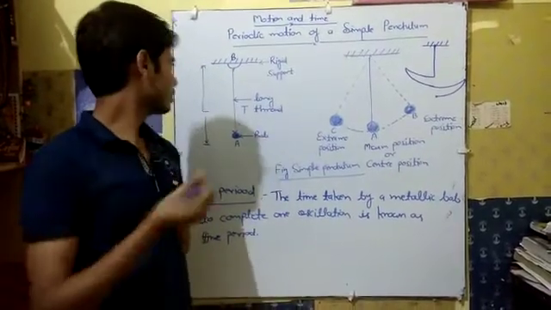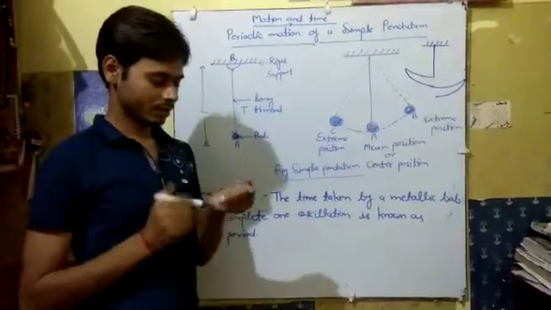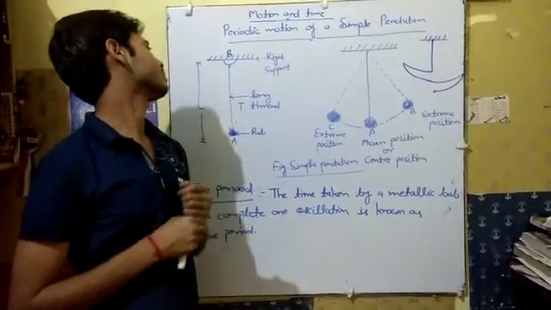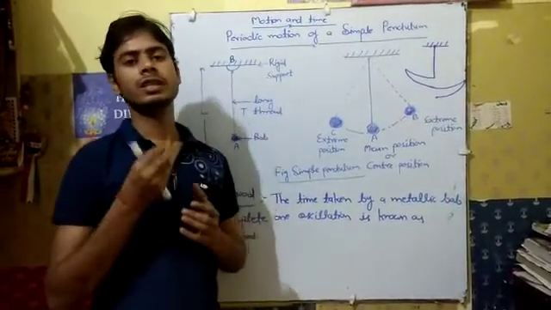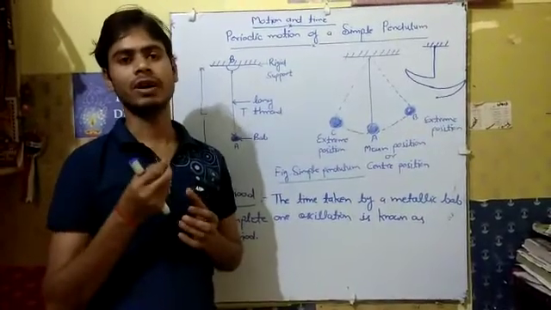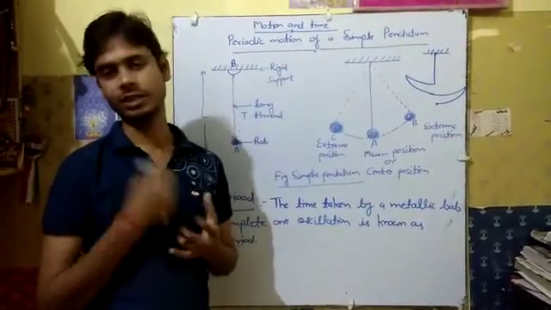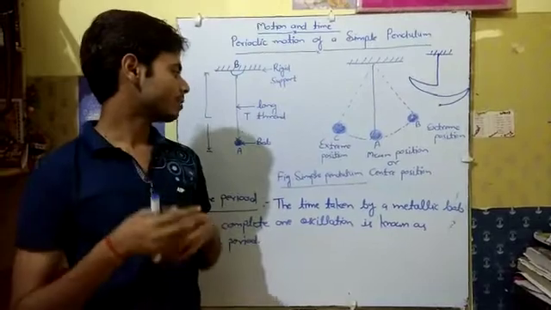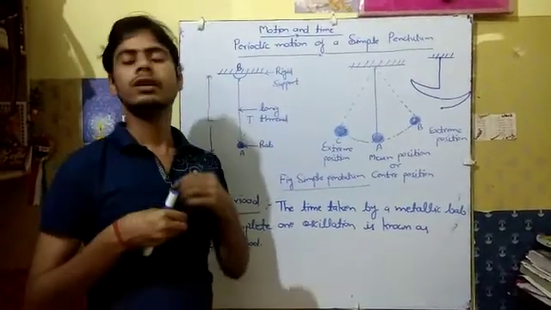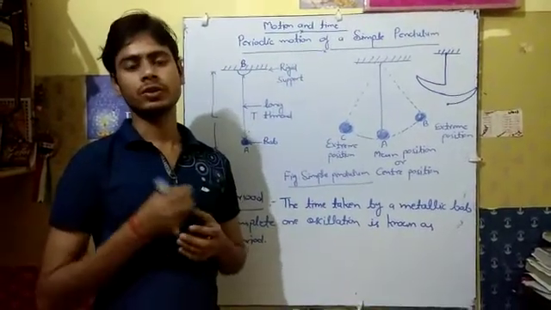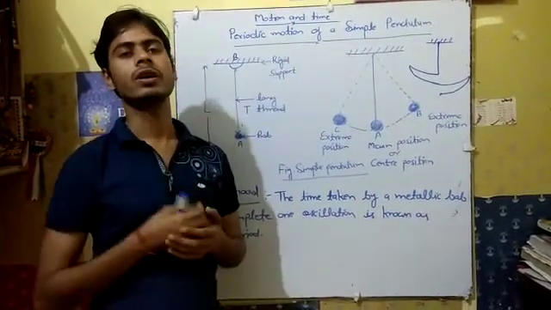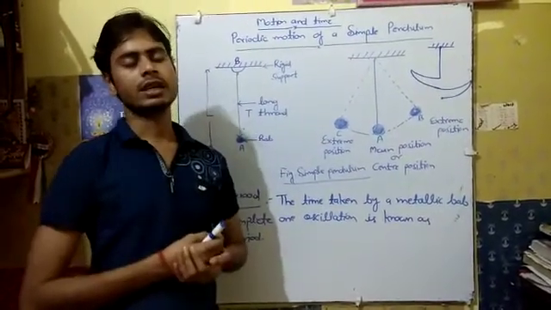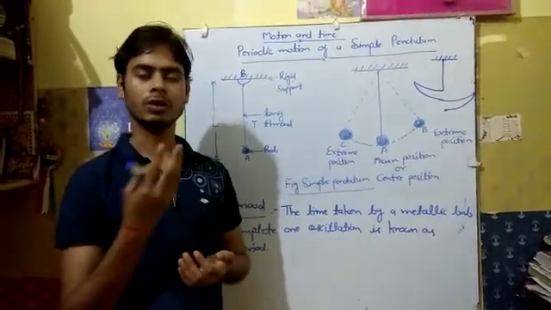We quickly revise. What is the simple pendulum? A simple pendulum contains a metallic bob which is suspended with the help of a thread. After that, what is the oscillatory motion? When a simple pendulum goes to and fro, it is said to have oscillatory motion.